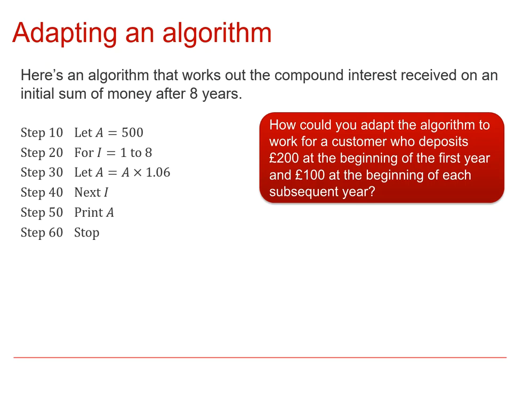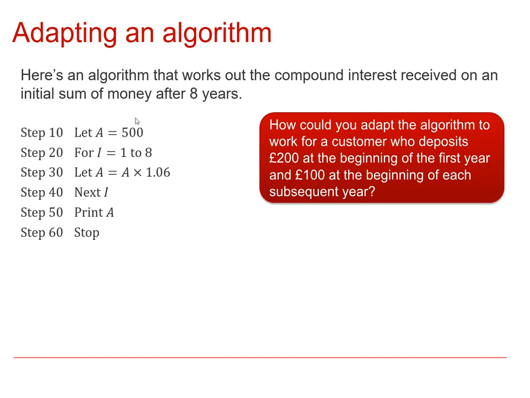This idea that someone's going to deposit another £100 at the beginning of each subsequent year. So not at the start of the first year, they're depositing £200. At the start of every year after that, they're depositing £100. So can you see a way that we could adapt this in order to do it? It may involve inserting at least one more line.